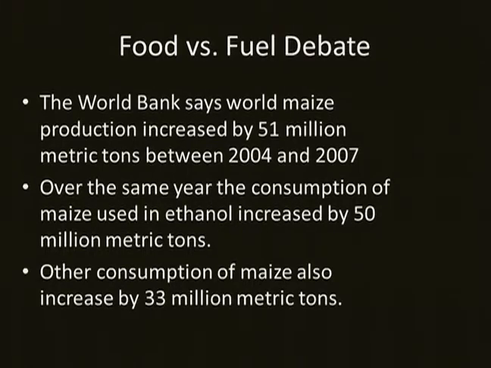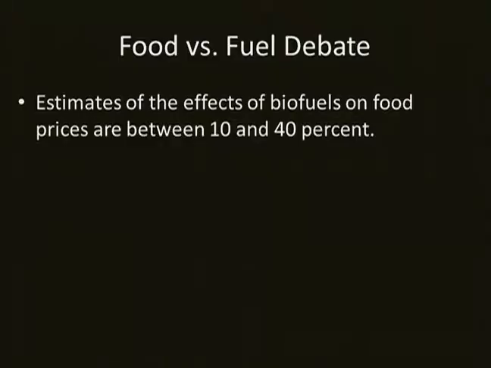But there was also other consumption of maize which increased nearly 33 million metric tons. Here's an example of where demand increased to such a degree that we would believe that it led to an increase in the price of maize. Now, the effects of biofuels on food prices may have been somewhere between 10 and 40%.